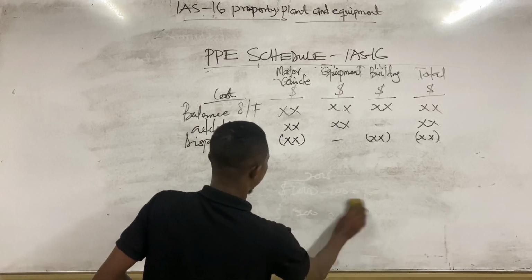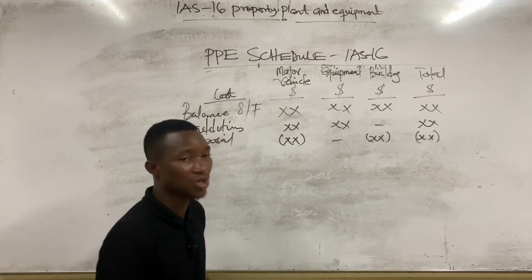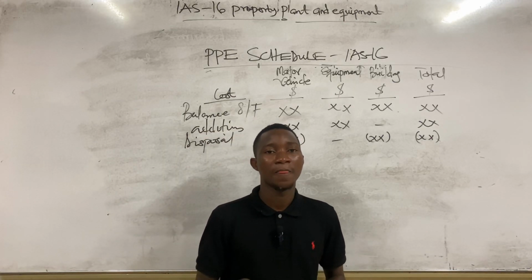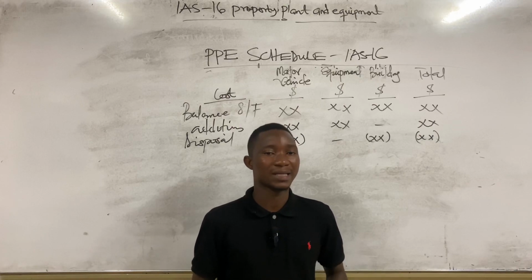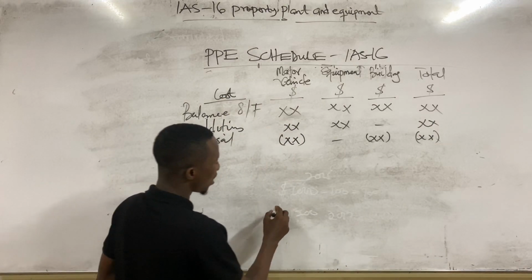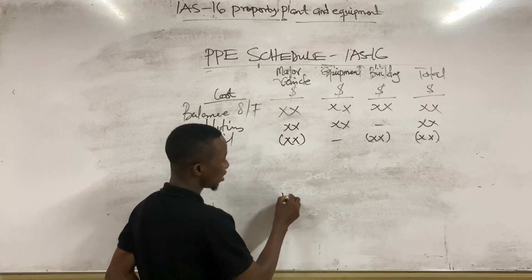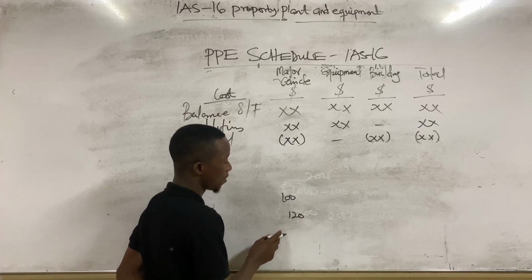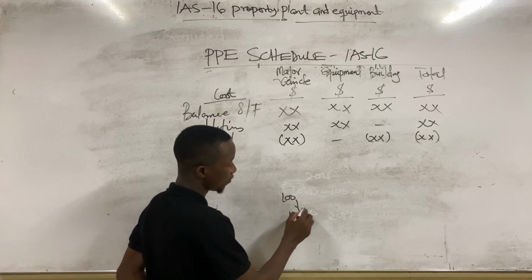After looking at the disposal, we can talk about revaluation. With revaluation, at the end of the financial year, an expert will come in to revalue the assets of the business. For instance, an asset's value at the beginning is 100, and subsequently becomes 120. That is an increase in revaluation of 20.